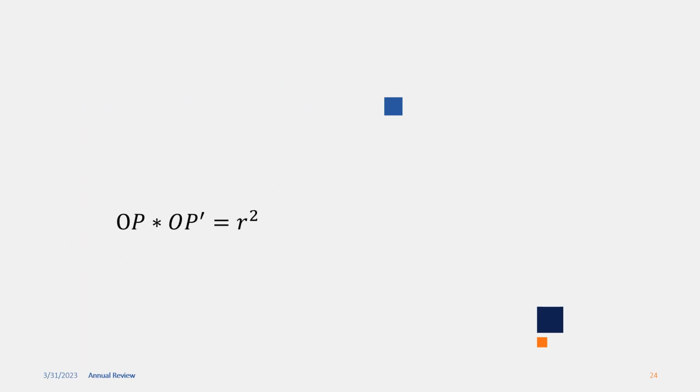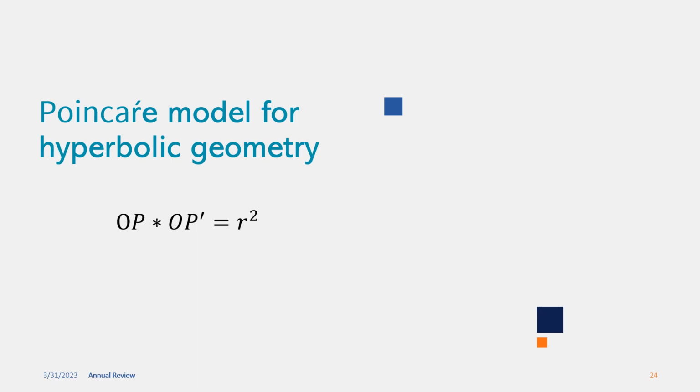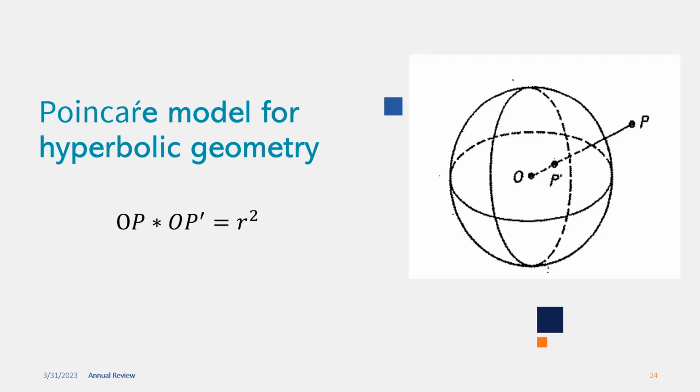In this case, inversion is used on the Poincare model for hyperbolic geometry, to find the sum of the measures of the angles of a triangle. So right here is the illustration.